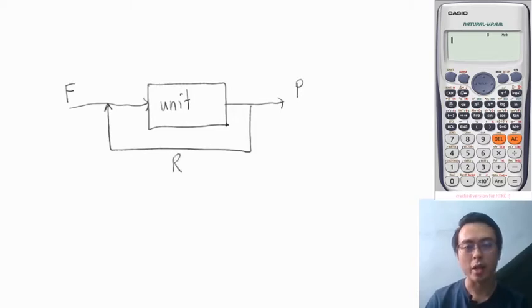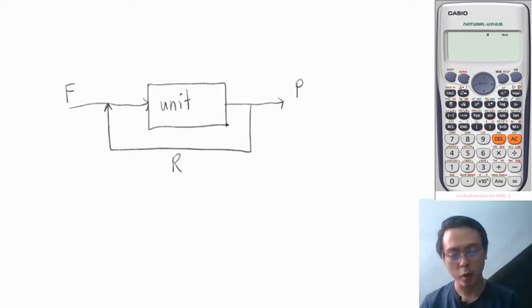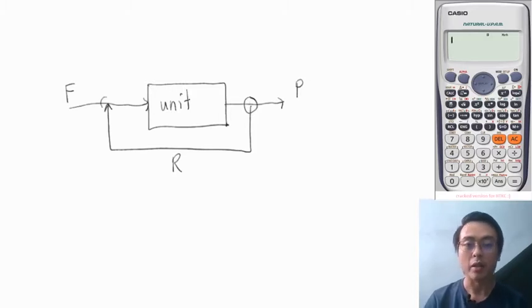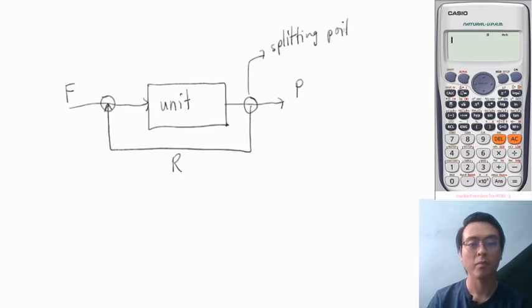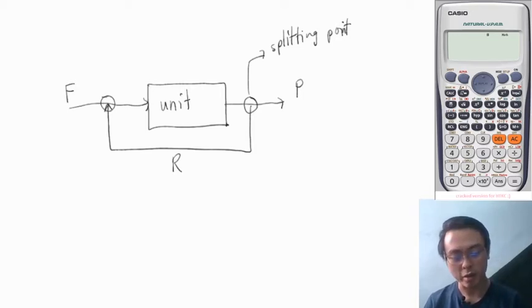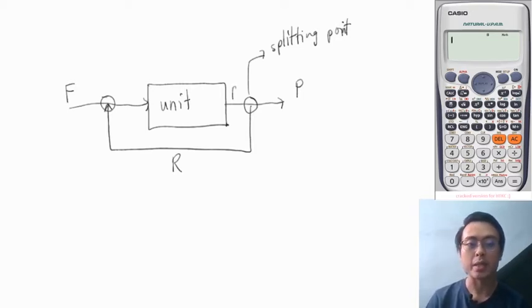You will see here that we have created 2 points of intersection. This is the first point of intersection. This is the second point of intersection. And they are very different. The first one, we call a splitting point. It's called a splitting point because your stream here, let's call this stream B, is the stream that directly goes out of the unit.